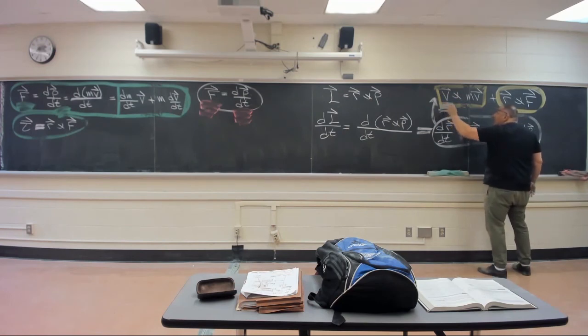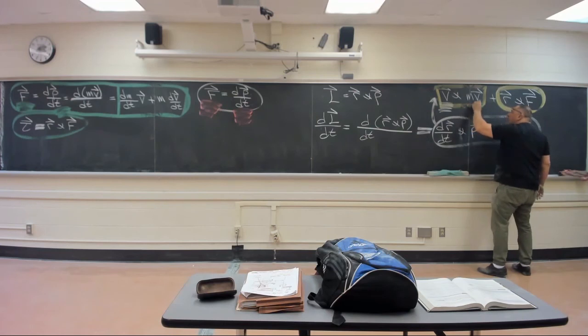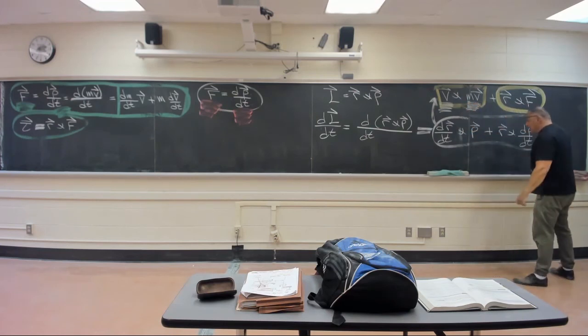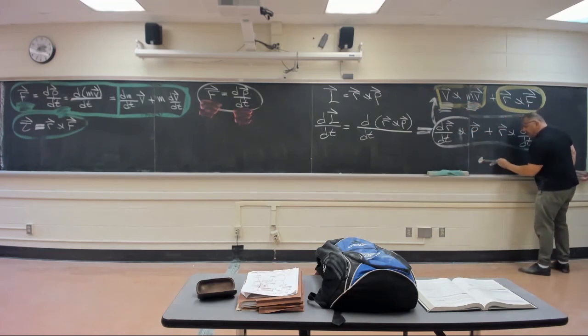V vector cross product with M V vector. If V vector is doing this, and let me just draw a little bit above it, they are collinear, guys.